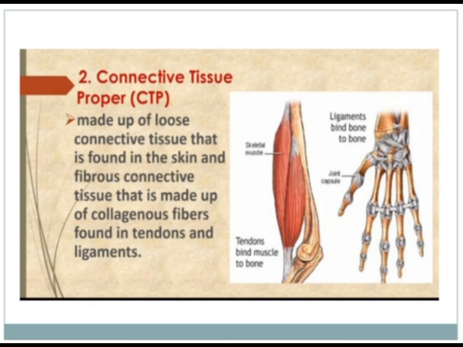Number 2 is connective tissue proper or the CTP. Ito po ay binubuo ng loose and dense connective tissue. Yung loose po, yun po yung ating skin na siya po ang nag-a-attach sa layers ng skin natin at sa muscle. Fibrous connective tissue naman, which is dense, ito po yung ating tendons and ligaments na nagko-connect. Muscle to bone, yun po yung tendons. Bone to bone is the ligaments na nagpo-provide sa atin ng mechanical strength.